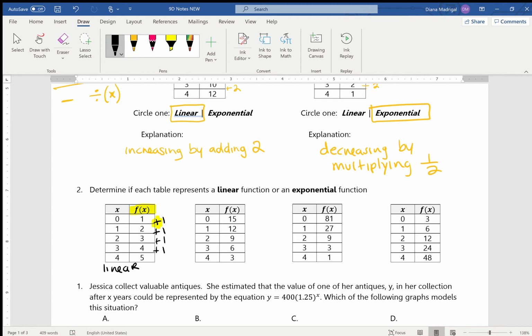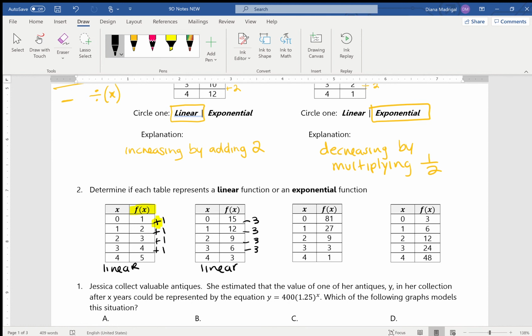That means that you're subtracting or dividing. Which one is it going to be, linear or exponential? All right, good. You should have noticed that you're subtracting by 3 throughout the whole table. Because we're subtracting, that means that it's going to be linear. Why? Because it's decreasing by subtracting 3.